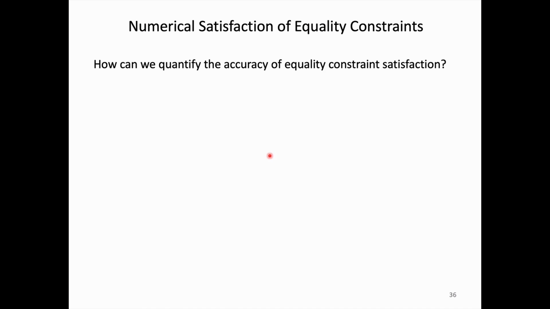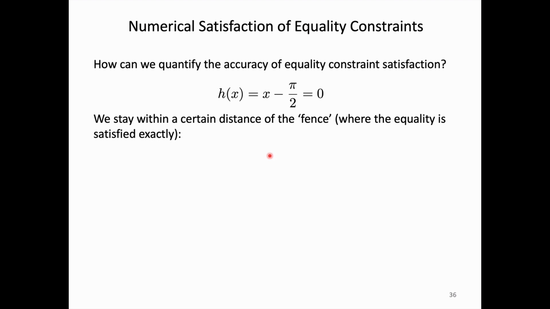So how can we quantify this accuracy? Suppose we have a nonlinear, or actually this is a linear constraint. We want x to be equal to pi over 2. And pi over 2 is an irrational number, so that's probably something we're not going to represent with perfect precision in a floating point number system. We are essentially saying we need to stay within a certain distance of the fence.